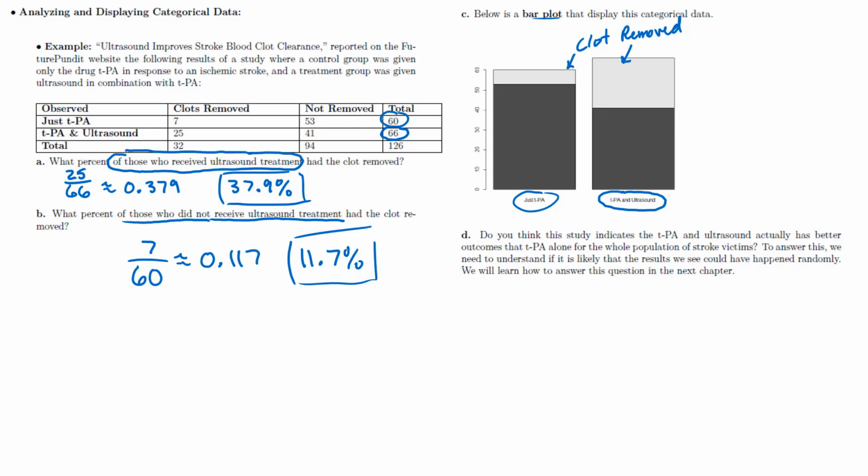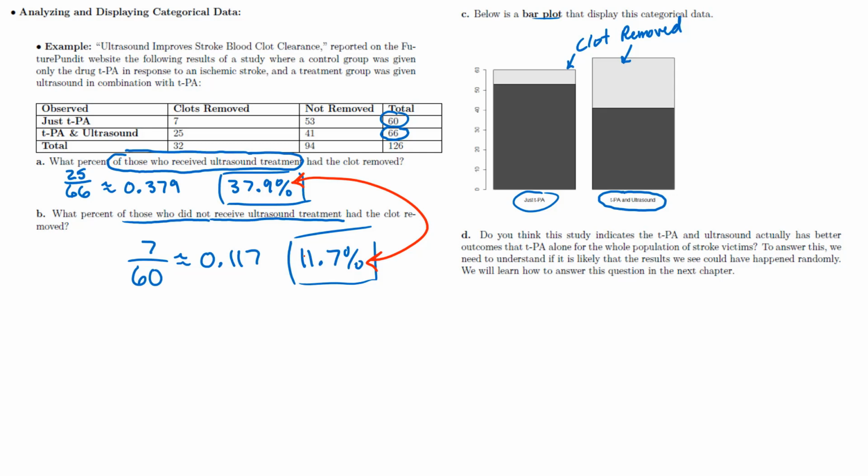But here's what I really want to focus on. On the one hand, it looks like there is a big difference, right, in the percent of successes in one group versus the other. Big difference there. On the other hand, even if there weren't any difference at all in the treatments, we wouldn't necessarily expect these two percentages to have come out exactly the same, right? Because we know that in real life there's just randomness, right?